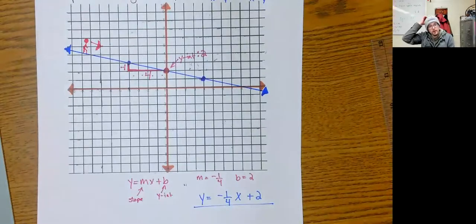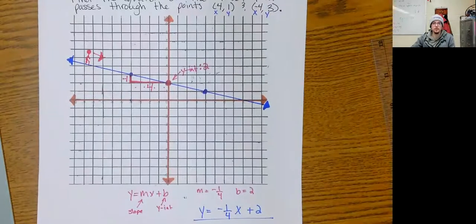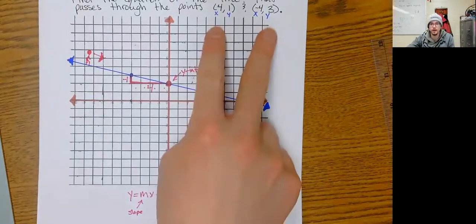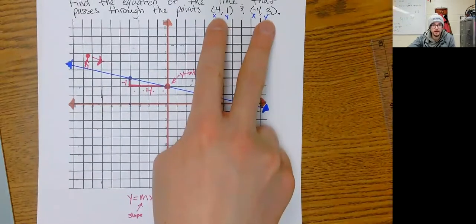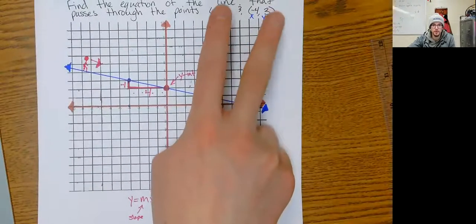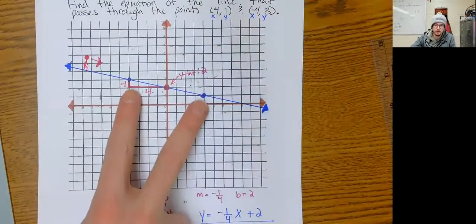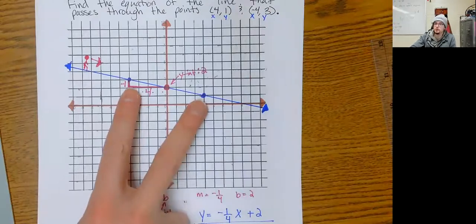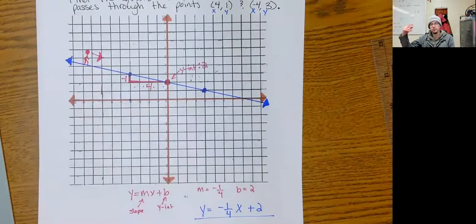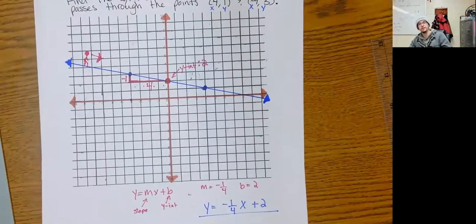All right. So again, this is for finding the equation of a line that passes through these 2 points. So you plot those 2 points, right? You use a ruler, draw through them. If you're on a computer program, it might already automatically just do it, like it does for my students. Fun stuff.